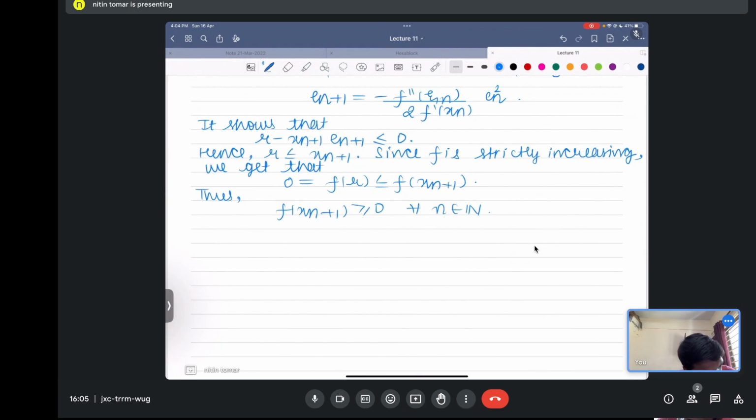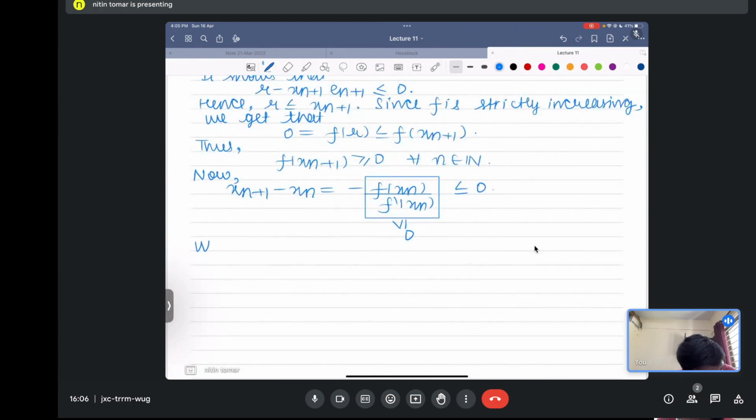Now you see, what was our x_{n+1} minus x_n? It was minus f of x_n by f prime x_n. Now you use this. Here everything is positive, so this part is positive, so this becomes negative.